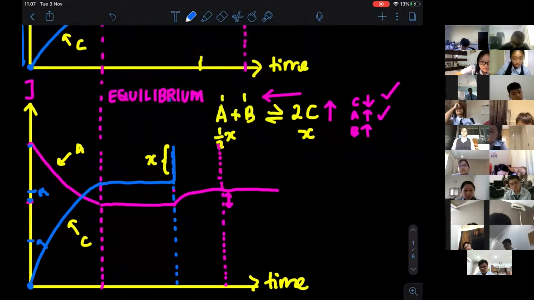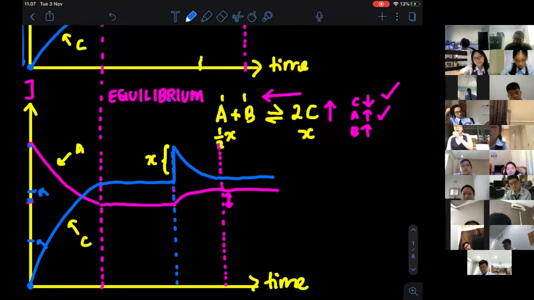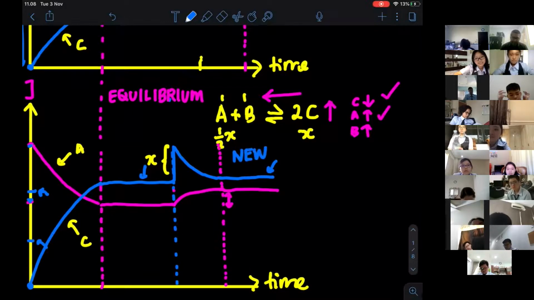This graph will decrease more compared to the increase of A. So they will start to reach over here. Take note, this line is not the same as this line anymore. It's slightly higher. So this is your new equilibrium.